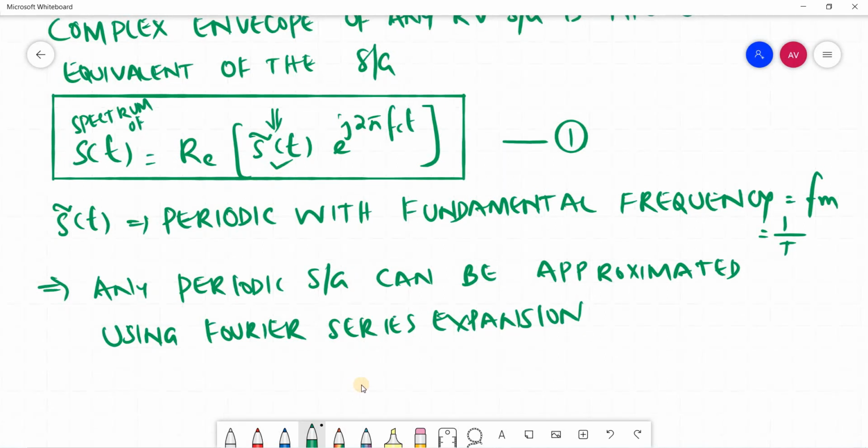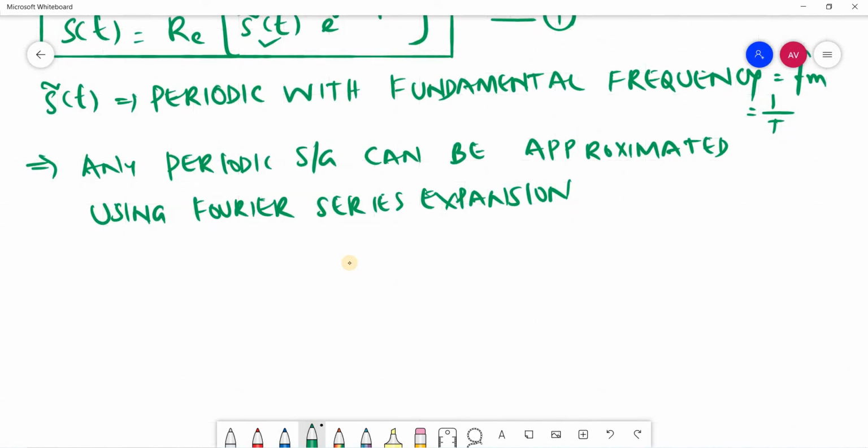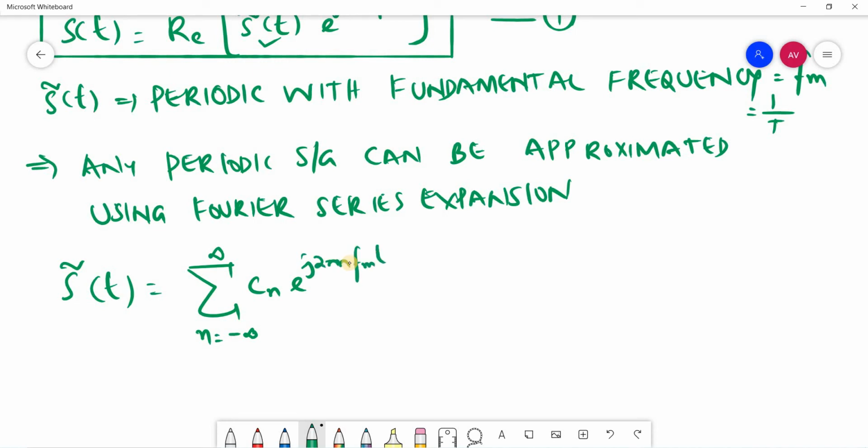So similarly, s tilde of t also can be represented using Fourier series expansion, and the Fourier series expansion of s tilde of t will be equal to summation n from minus infinity to plus infinity Cn times e power j 2 pi n Fm t.